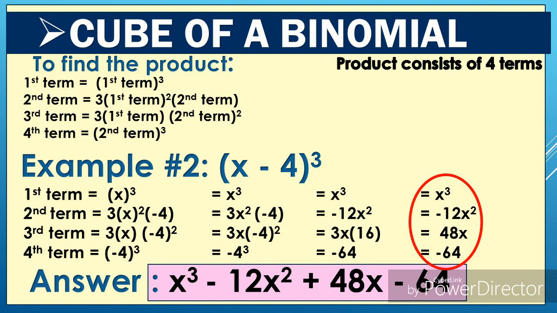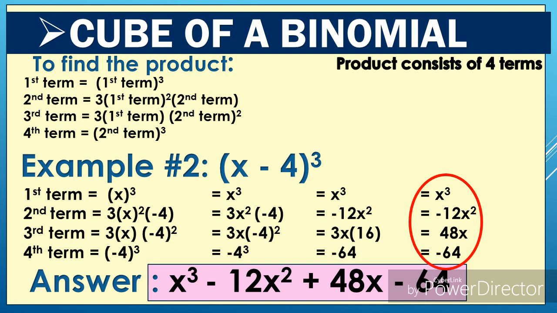To find the third term, it's 3 times the first term, which is x, and the square of the second term, which is negative 4. So, negative 4 squared is 16. So, therefore, we have 3x times 16 equals 48x. And for the fourth term, we're going to cube the second term. The second term is negative 4.